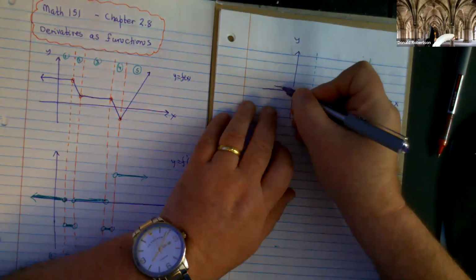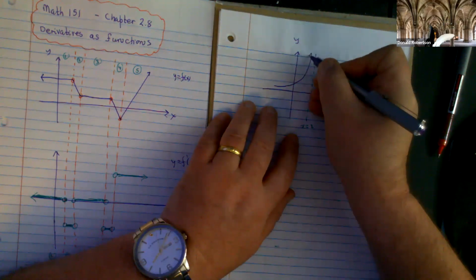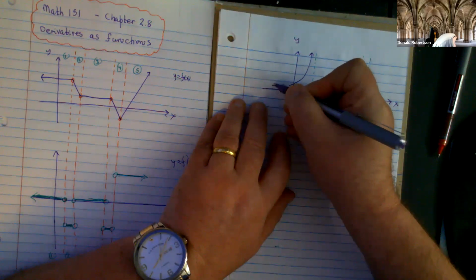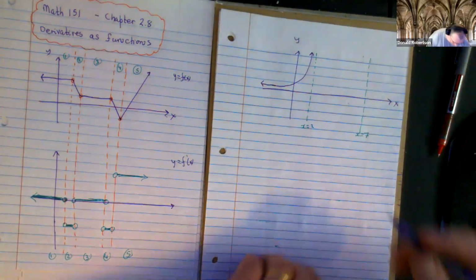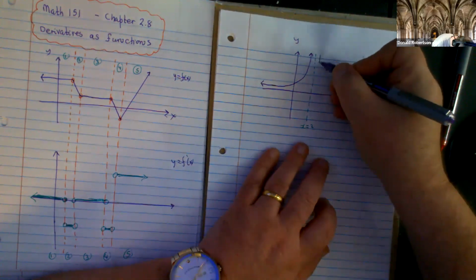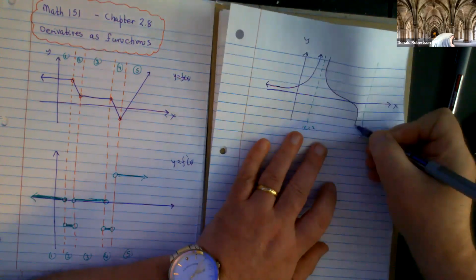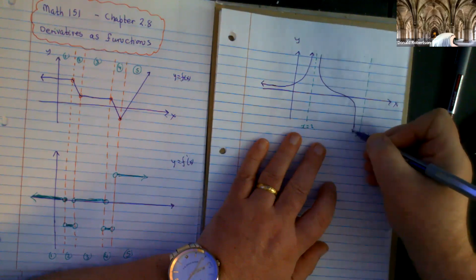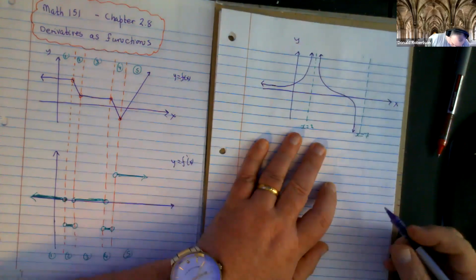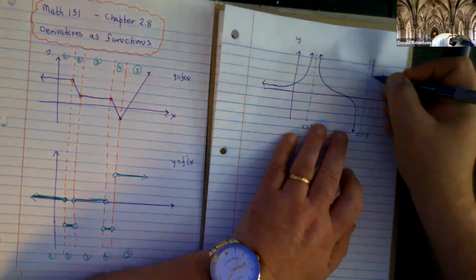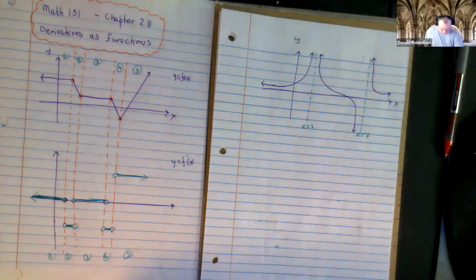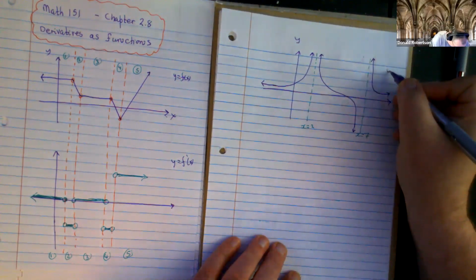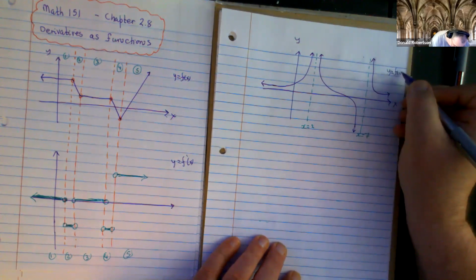And here it goes up, and then it goes horizontal like that, and then it goes and does this, and then on this side it does that. And that's our original function, f of x.